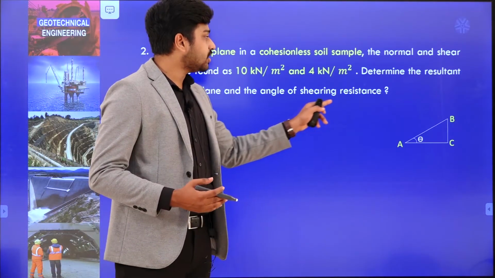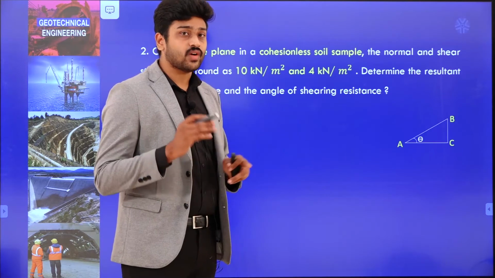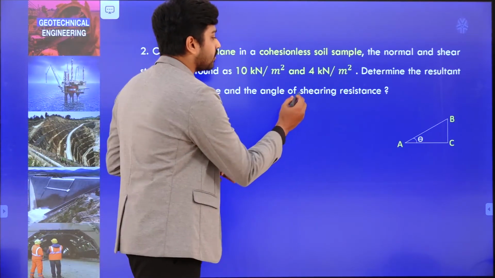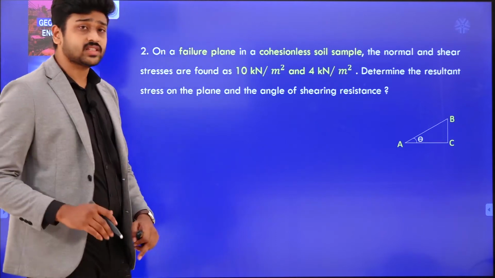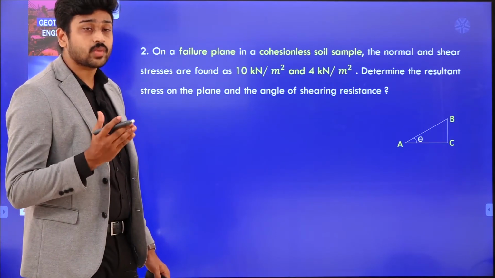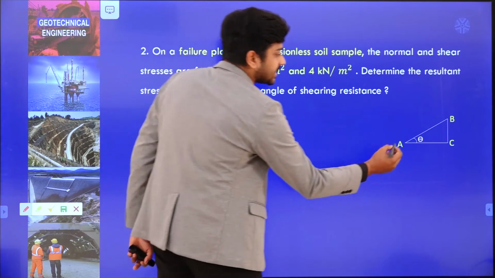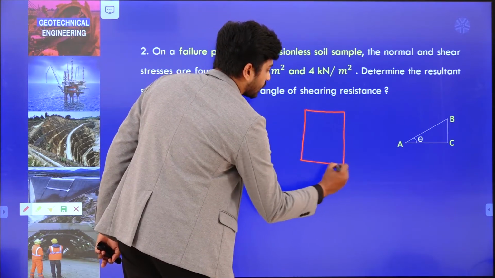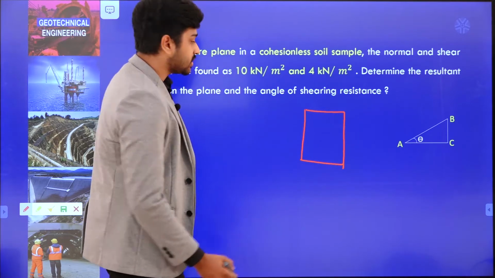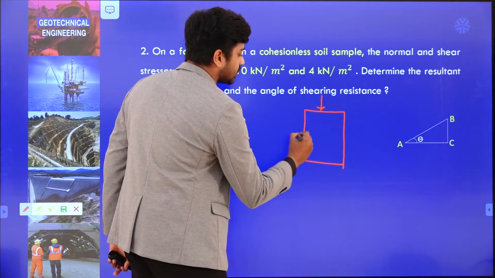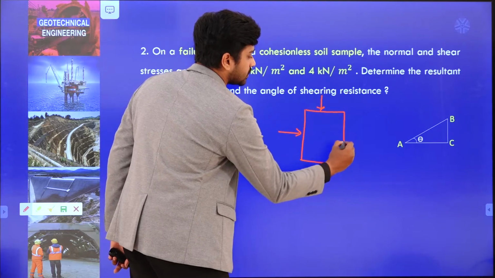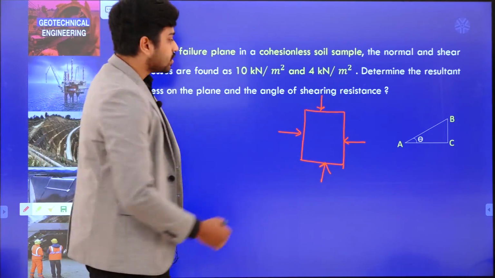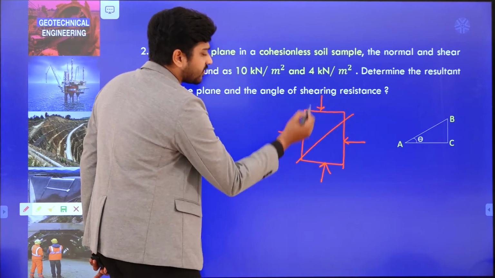Now, the angle of shearing resistance. Here one thing you need to observe is that we need to find out the angle of shearing resistance and the angle of failure plane. Here, if I just draw a 2-dimensional body which is stressed due to the external loads, I may obtain a particular failure plane.